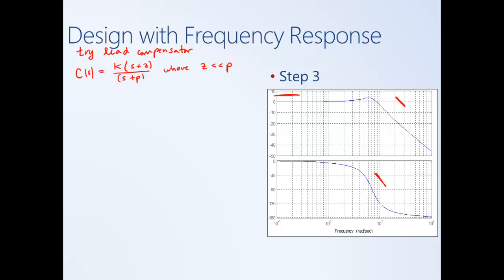So let's go ahead and plot the Bode plot of this controller to get a sense of how it will affect our system when we add it to the plant. In order to plot this, I'm going to change the transfer function into Bode form, so that the zero has a form TS plus 1, the pole has a form TS plus 1.